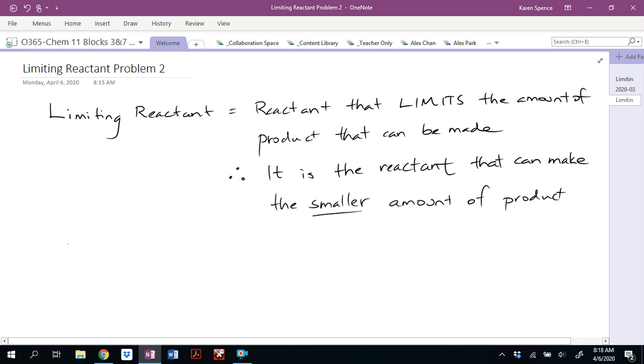The excess reactant is the reactant that will have some left over at the end. There will be a little amount that's in excess.